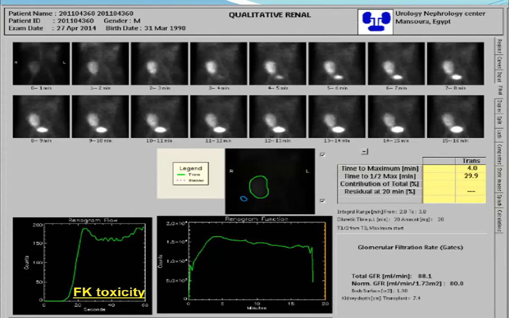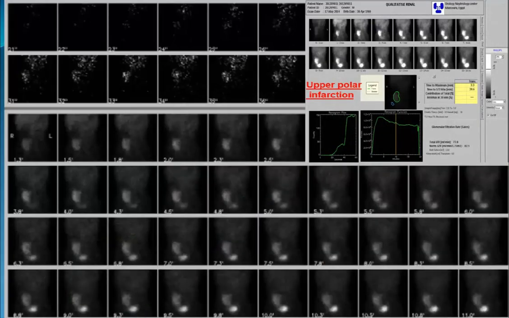If it is high, then this triad is diagnostic for cyclosporin toxicity, and if it is normal, this triad can be diagnosed as acute rejection.